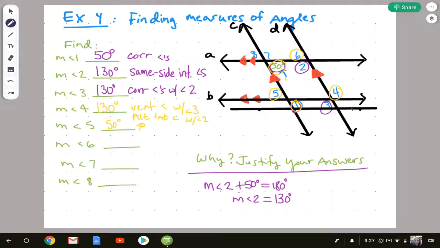Now, another way of looking at it is if I look at C and D as my parallel lines and A as my transversal, then angle 6 and angle 50 are alternate interior angles. They're on opposite sides of the transversal A, but they're on the inside of the two lines C and D. So either way you want to think about that, whichever way you think about it, it should end up being a 50-degree angle. So either alternate interior angles or linear pair.